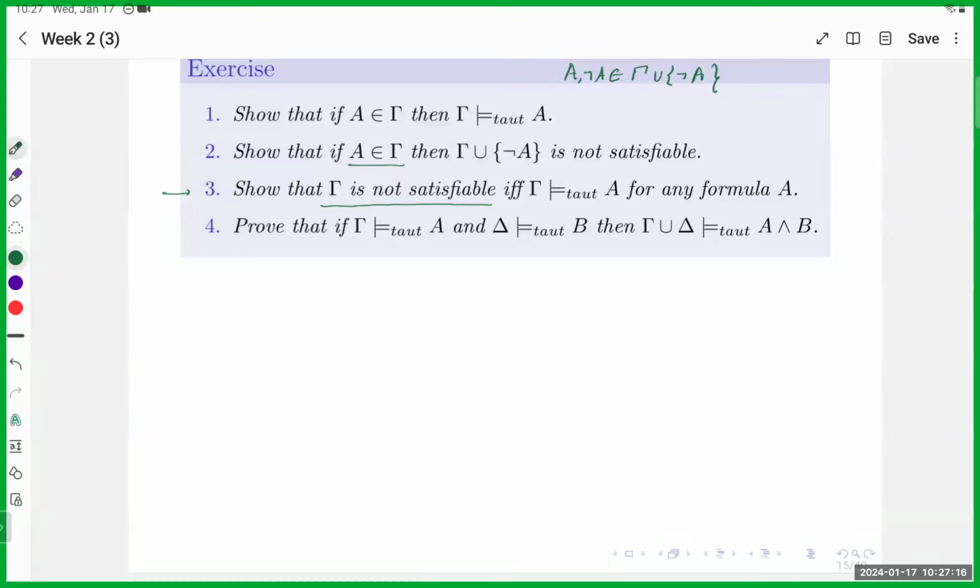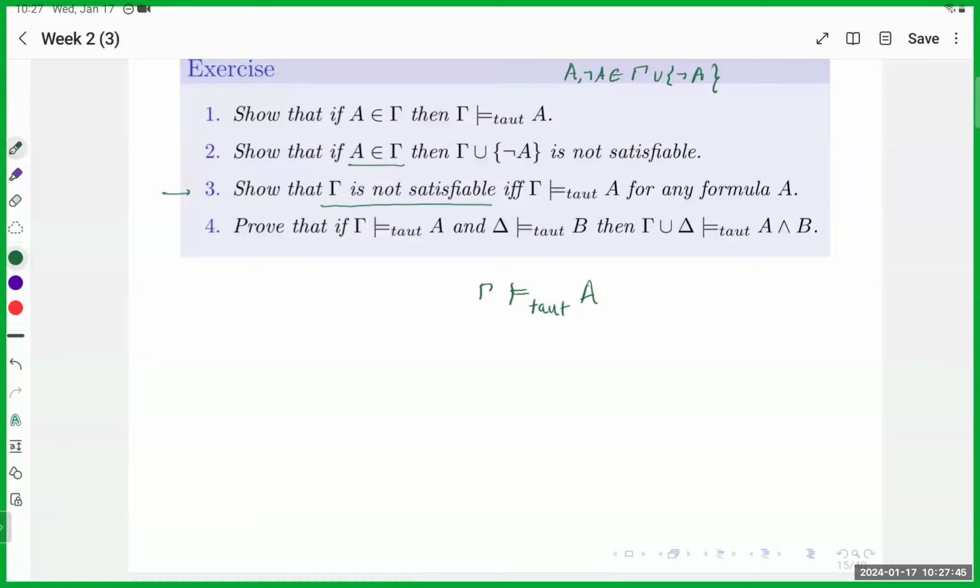Because if gamma is unsatisfiable, that means there are no states that satisfy gamma. Now, this is vacuously true, because it says if there's a state that satisfies gamma, then it satisfies A. There are no states that satisfy gamma.